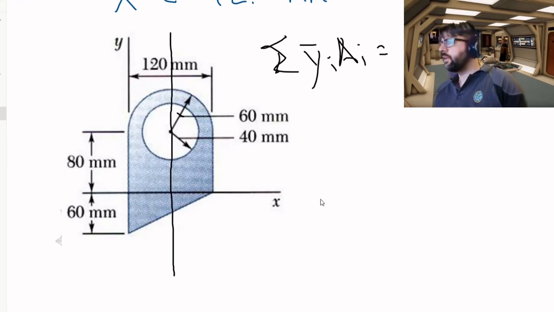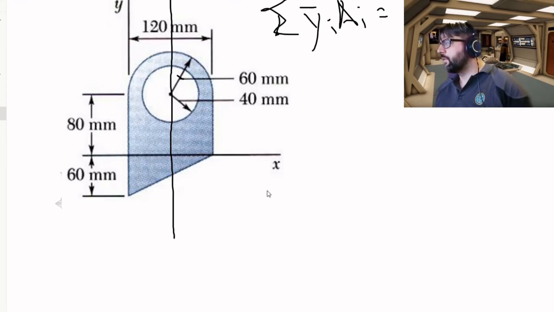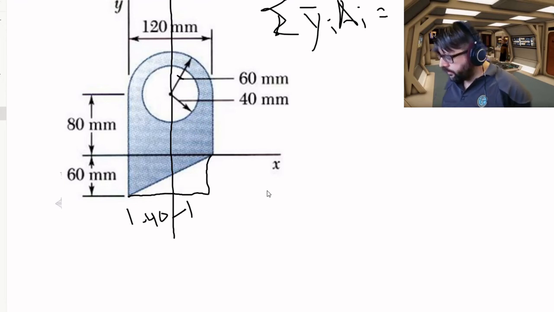So basically, we know that measured from this corner, it would be 2/3 of the way across. So from here to here is 40. Oh wait, no, 2/3 of 80. From there to there is 80. There's our Y bar. Or from here to here is 40, either way.